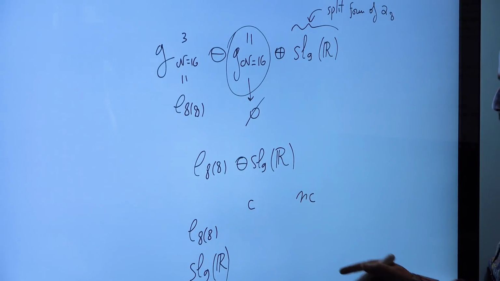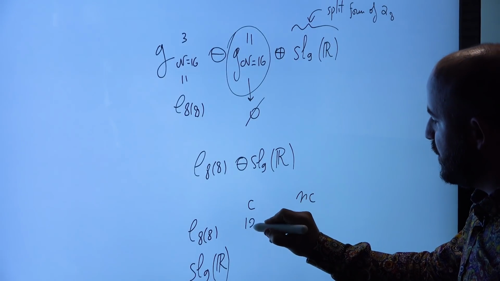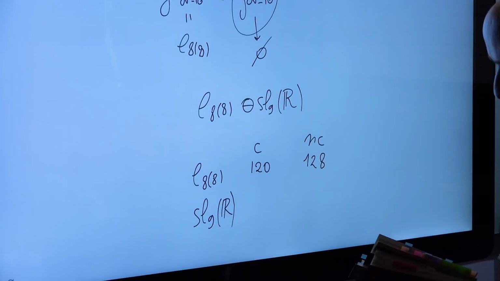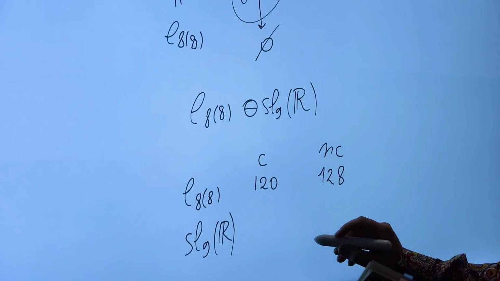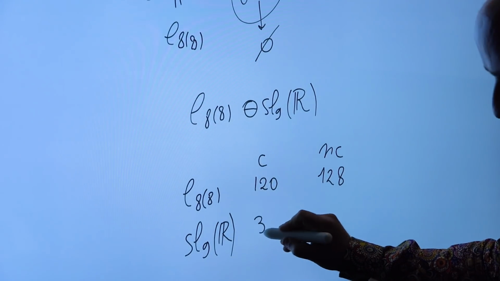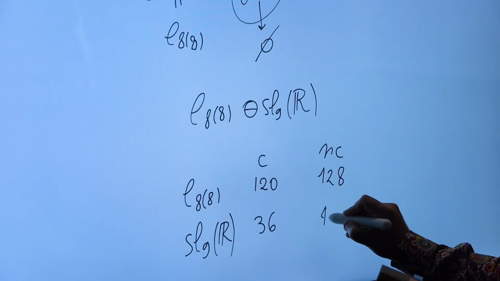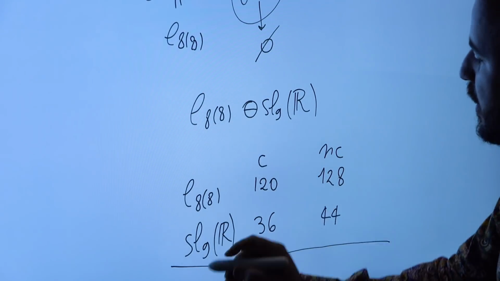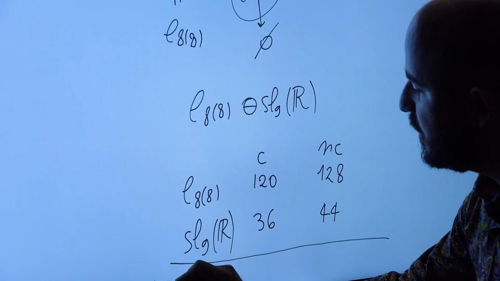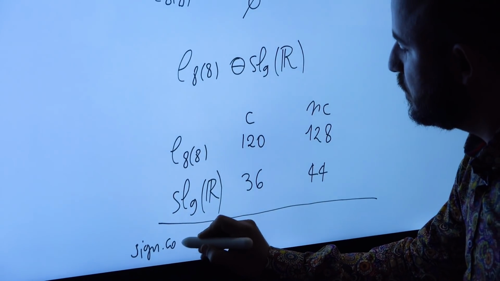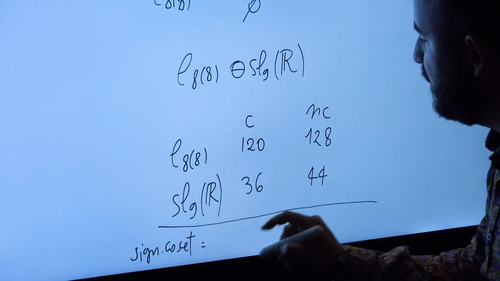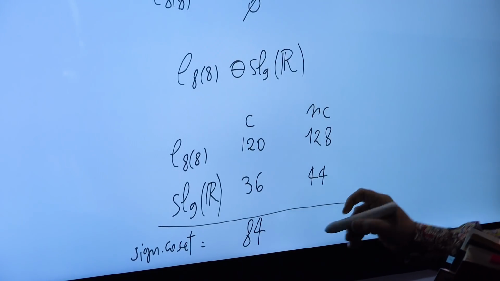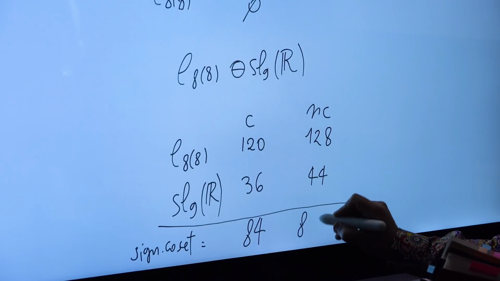What we have is that the compact generators are 120, the non-compact 128, and SL9R has 36 and 44. So let's compute the difference. The signature of the coset will be given by 84, and 128 minus 44, 84.